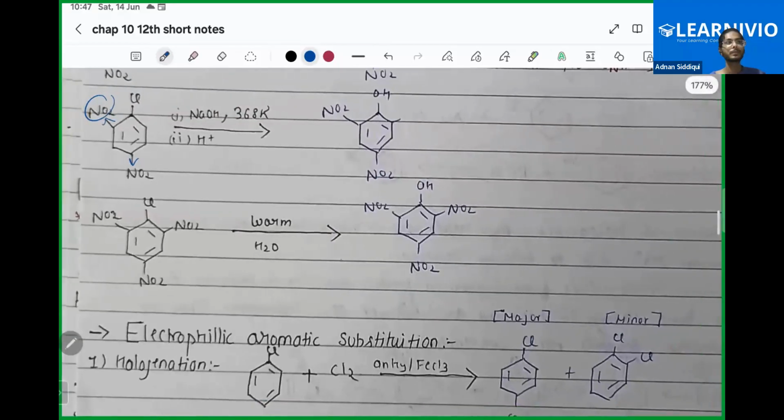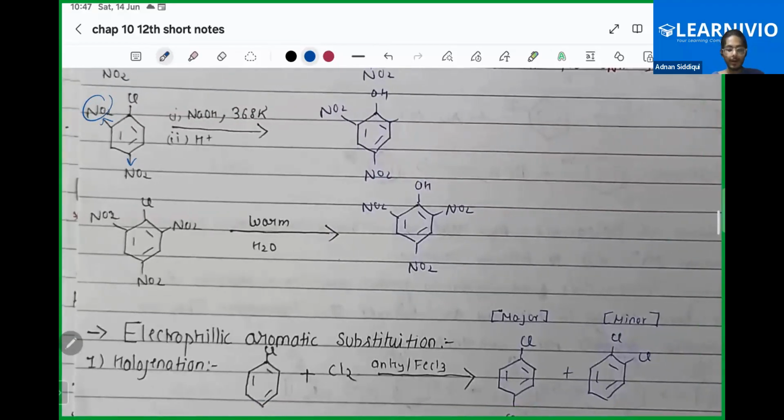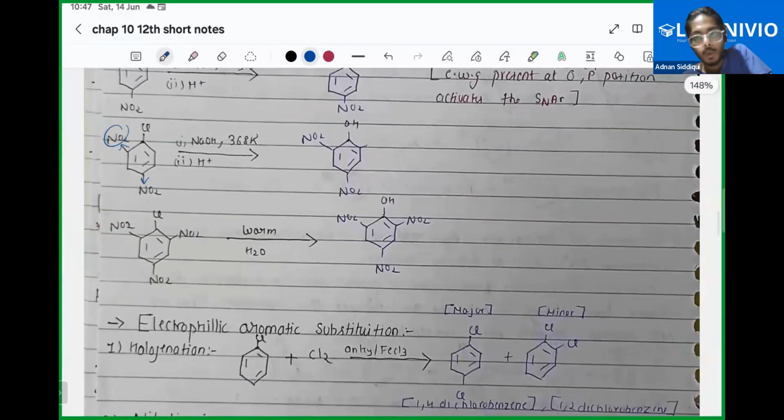Why is this happening? The issue was that benzene was rich. Benzene was arrogant. He was not allowing another person who was also rich to come close to itself. But we introduced some electron withdrawing groups. They made benzene poor.